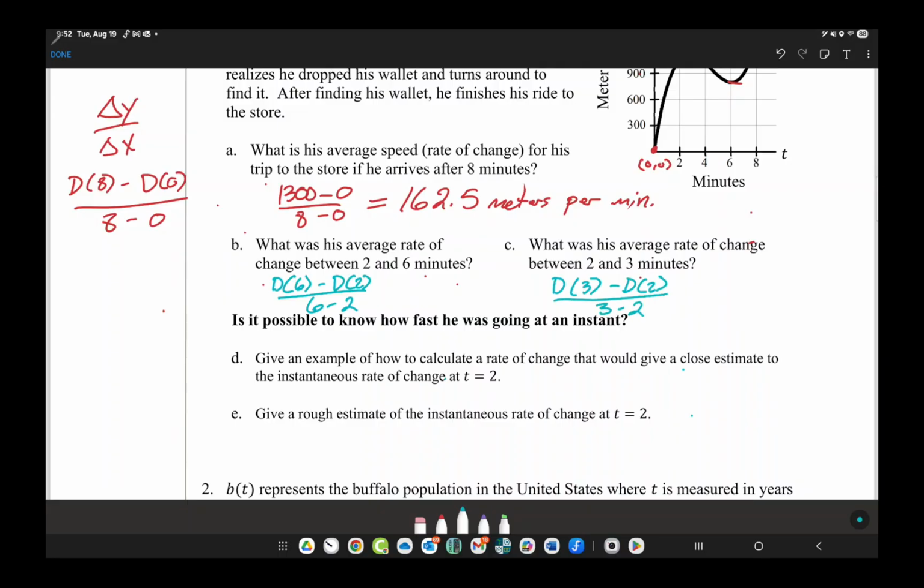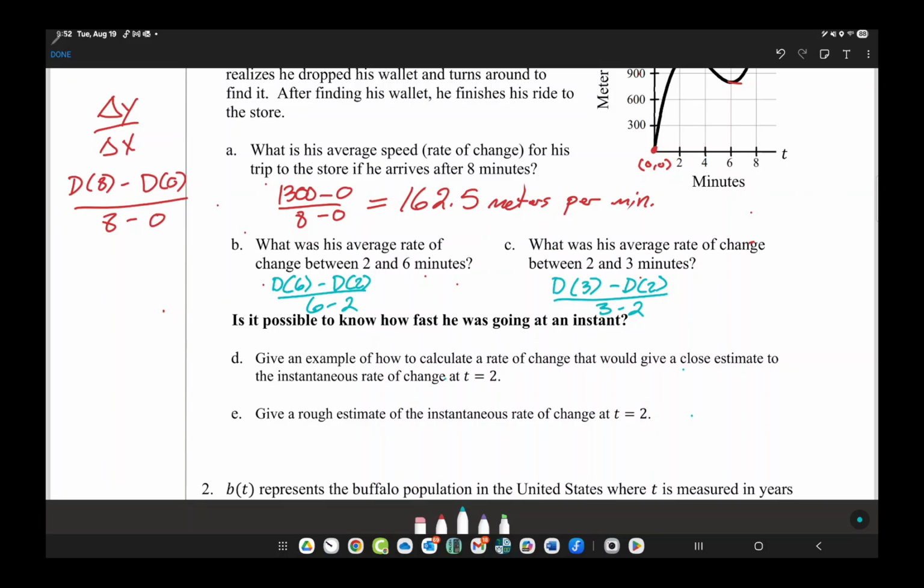Not always positive. You can have negative slopes.